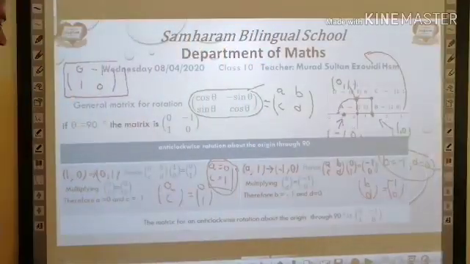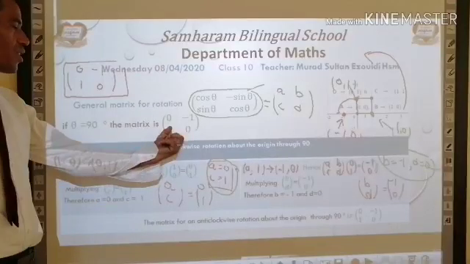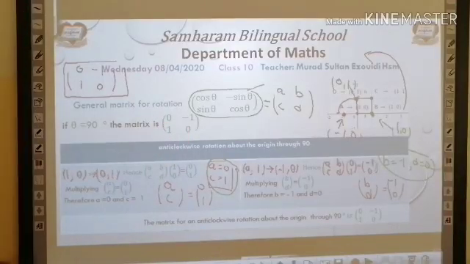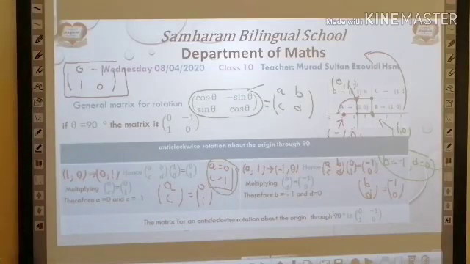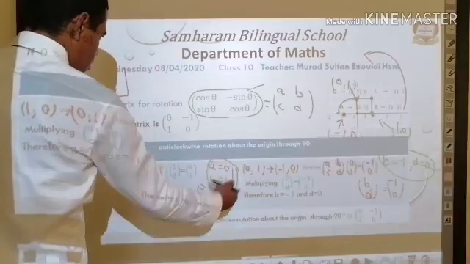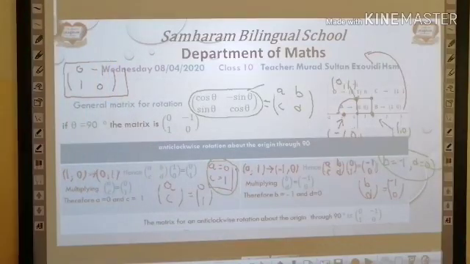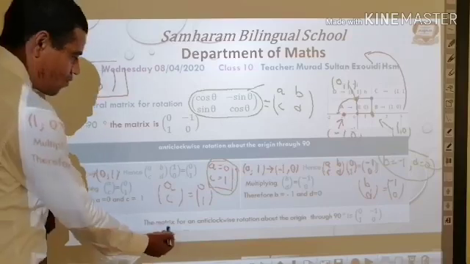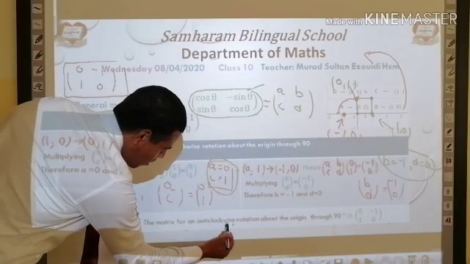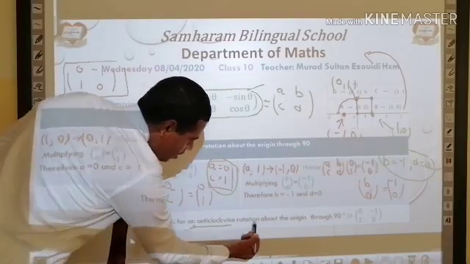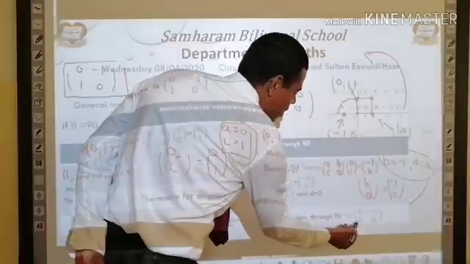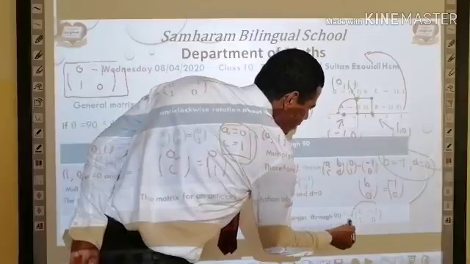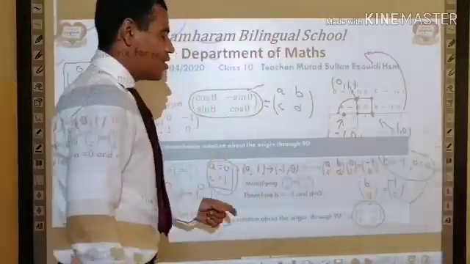So now at least we can work out this matrix that transforms A into B. And the rotation, of course, is about the origin, 90 degrees counterclockwise, or anti-clockwise. So the matrix for an anti-clockwise rotation about the origin through 90 degrees is 0, negative 1, 1, 0.